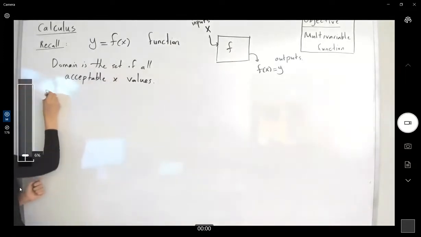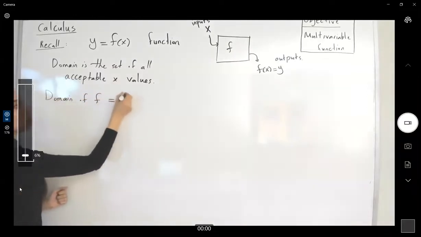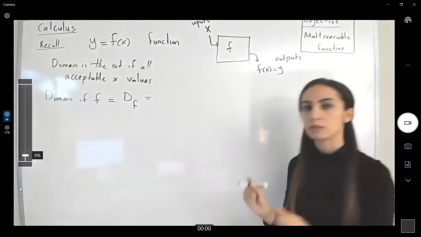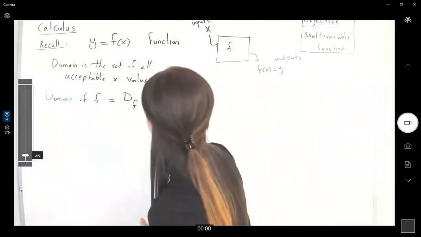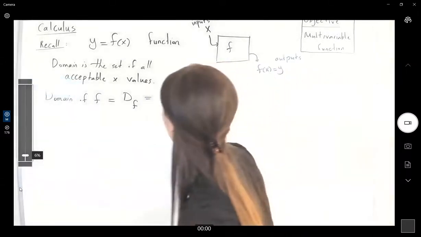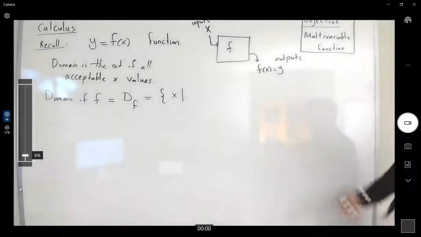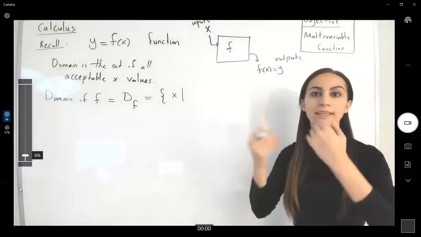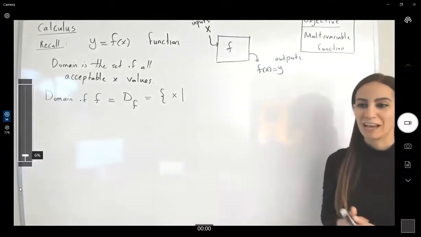We denote the domain by domain of f equals D sub f equals the set of. So our domain is actually a set, denoted by curly brackets, the set of all x values such that this function actually can take those x values and set them equal to these output values or just y values.